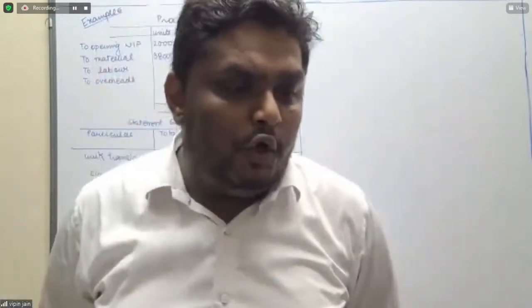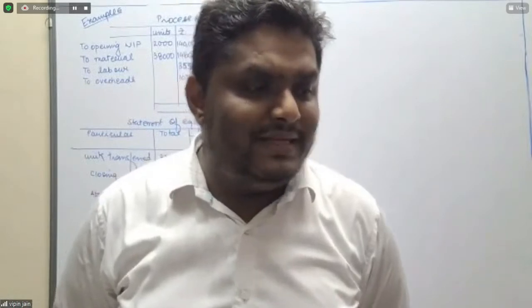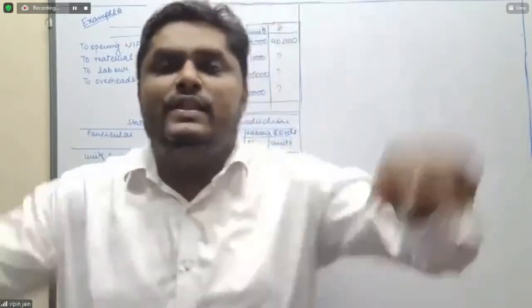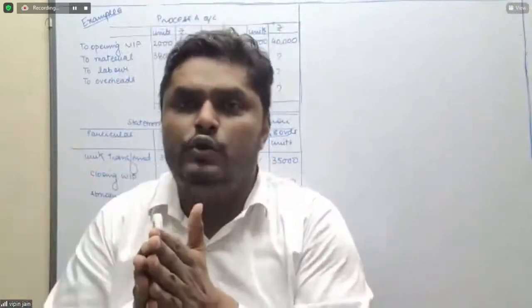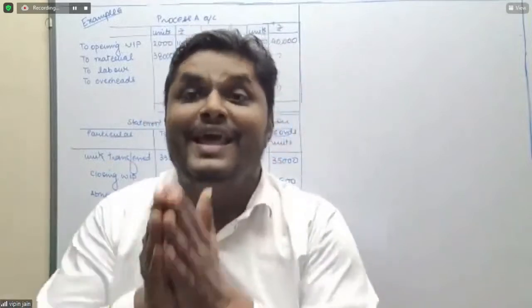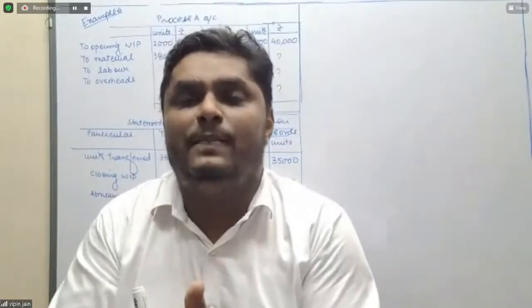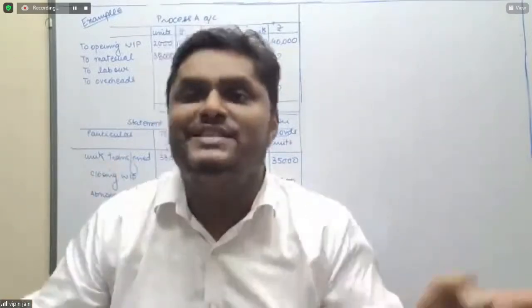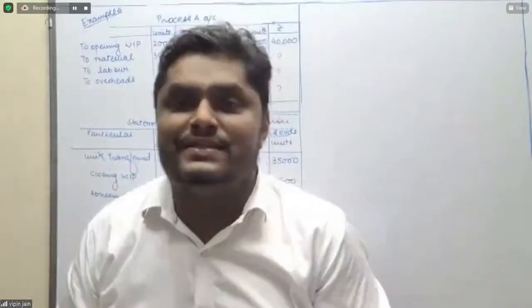Vrinda Agarwal asks: sir, what do you mean when we say labor is 80% complete and material is 100% complete? See Vrinda, it means that the entire material is put into the process, so that's why it is 100% complete. If it is given in the question that labor is 80% complete, it means 80% of the labor work is done. Still 20% needs to be done next year.